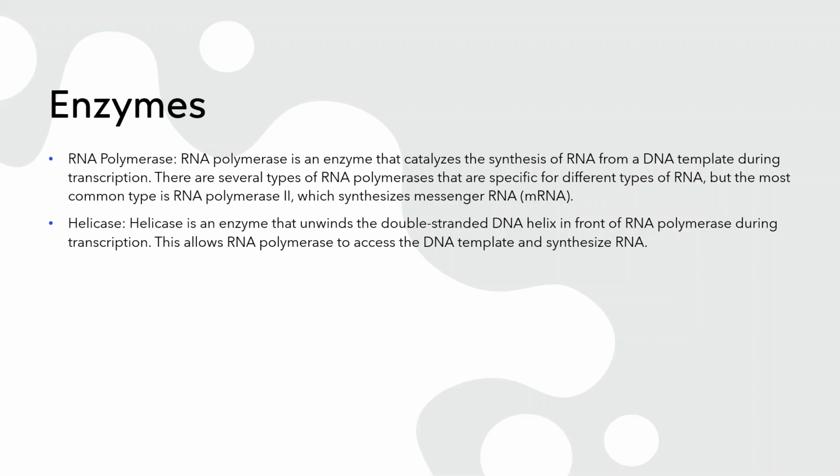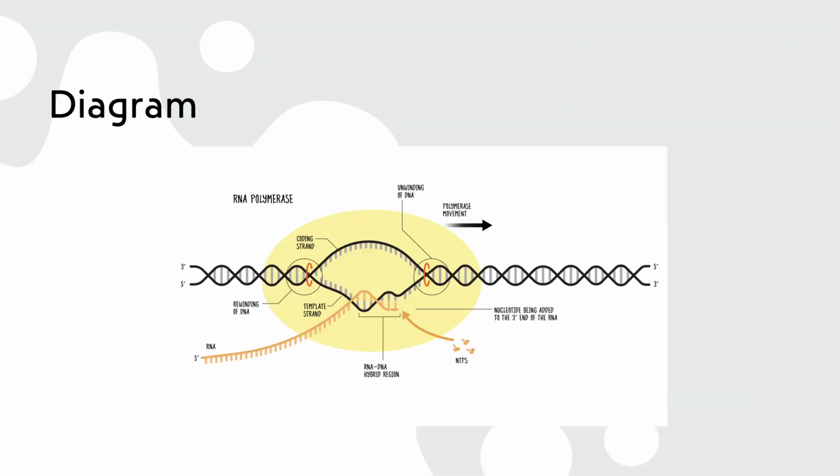And then there's the helicase, which helps initially unwind the DNA so that RNA polymerase and other important enzymes can get in and copy the DNA into an mRNA strand. And here's a diagram to help show it.